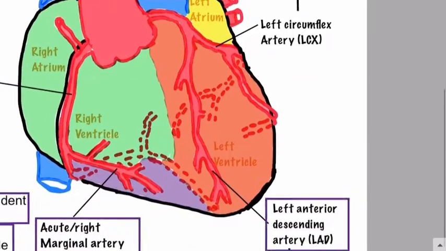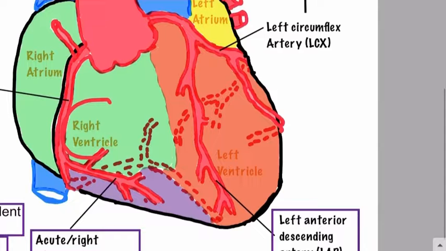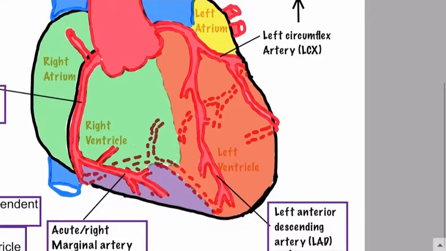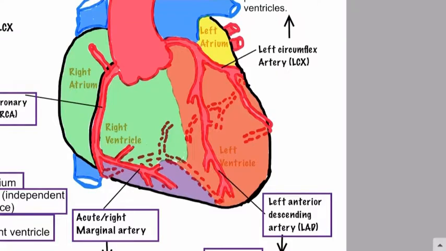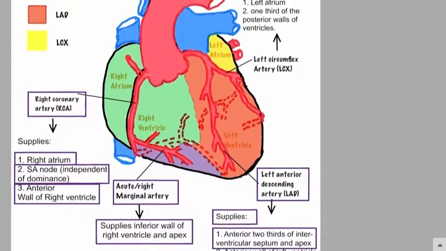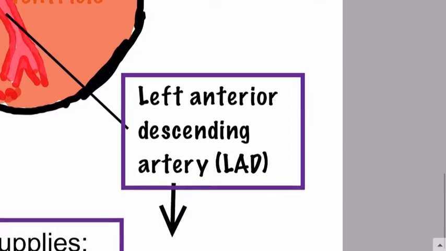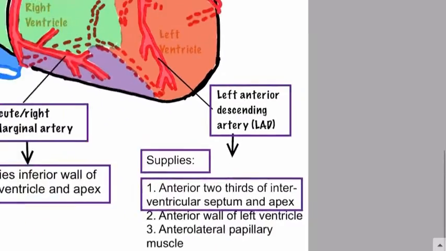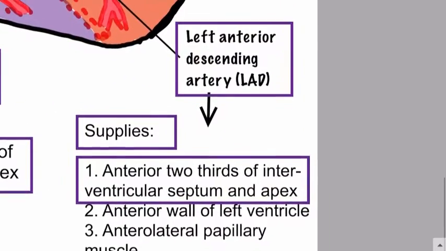As we all know, there is a septum between the right ventricle and the left ventricle, which is known as the interventricular septum. So guys, the anterior 2/3 of the septum is supplied by the LAD, or left anterior descending artery.